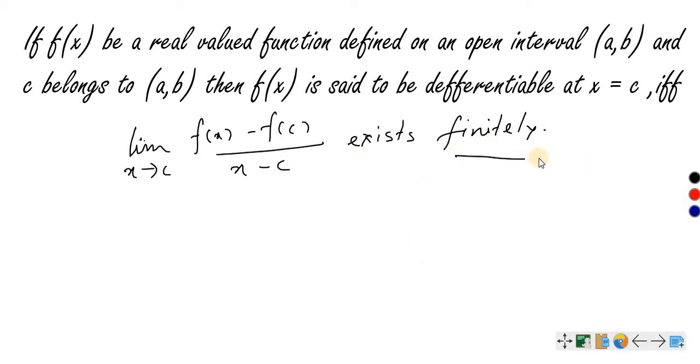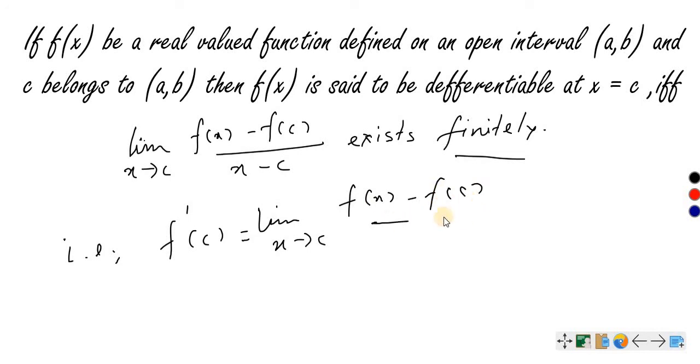If this becomes infinite, then it is not differentiable. Remember, it should be finite. So we can write that the derivative of the function at c is equal to limit x approaching c of f of x minus f of c by x minus c. Fine. So this is the concept of differentiability, or when a function is said to be differentiable.